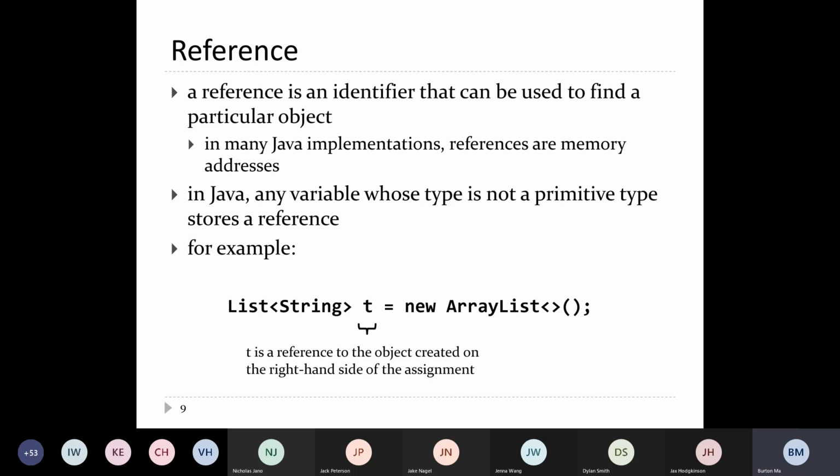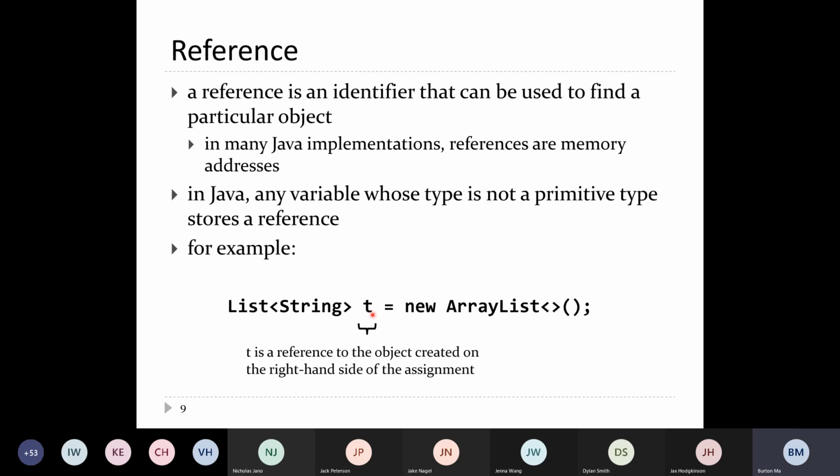So how do you find a particular object? One way is if you happen to know the address of the object in memory. If you know where that object is sitting in memory, then you can use that as a reference. That turns out to be the way that many Java implementations work. References are just memory addresses, but the language doesn't say that's the way it has to work. It just turns out that's the way it works in many implementations.